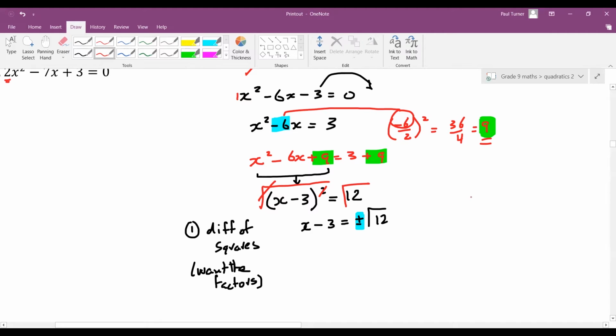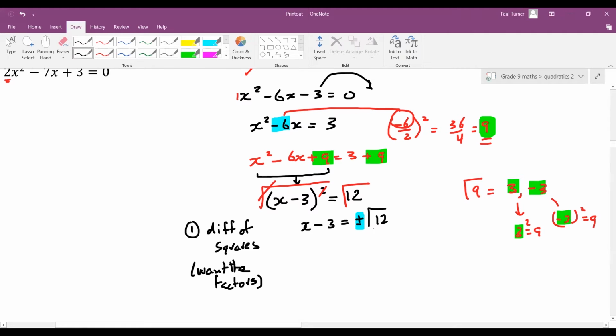Just to explain that again, remember, for example, root 9 can be 3, but it can also be minus 3, because 3 squared is 9 and minus 3 squared is also 9. That's why you end up with 2 roots, what they call roots here. So we have 2 possible answers.